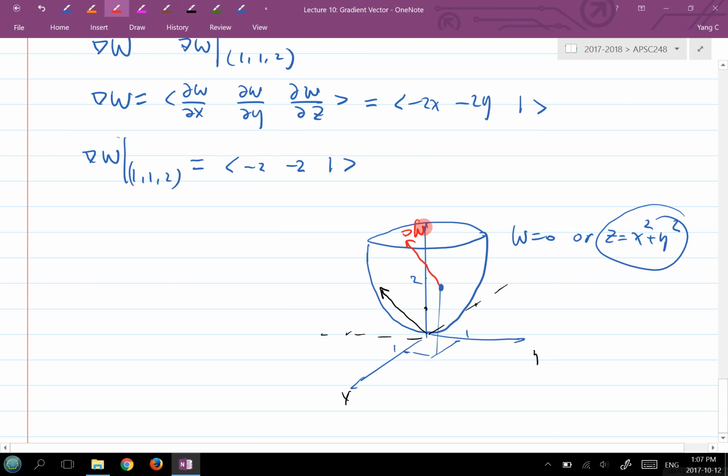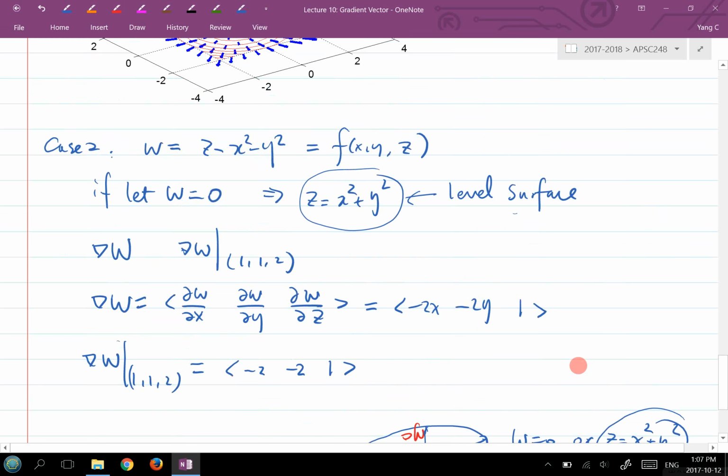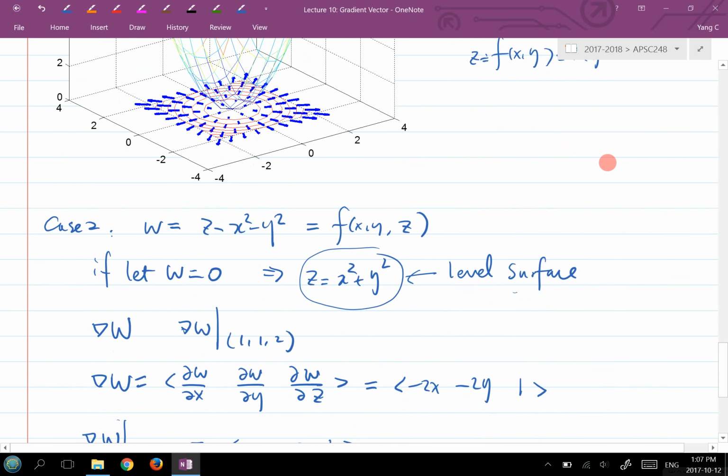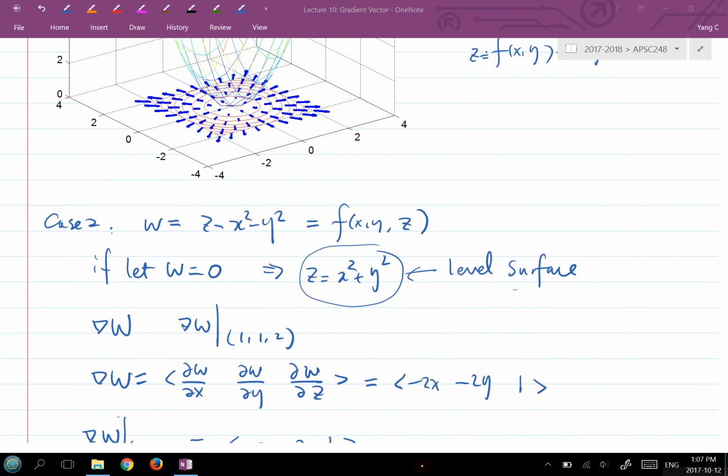At this stage, one thing I want you to bear in mind is, sometimes the question asked, you just be careful what type of gradient vector this question is asking you. Is it asking for the vector del F, or is it the gradient vector del W?